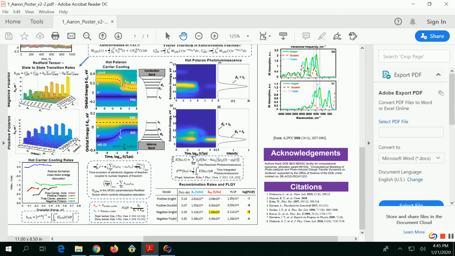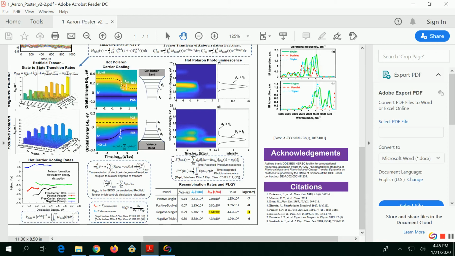What we see is that generally all these systems aren't efficient emitters. The best one is on the scale of 10 to the negative fourth, so less than 1% efficiency. But the interesting thing is that there's a pretty wide variance between our best emitter and the worst emitter, because the other ones are at least 2 orders of magnitude more inefficient than our negative singlet.